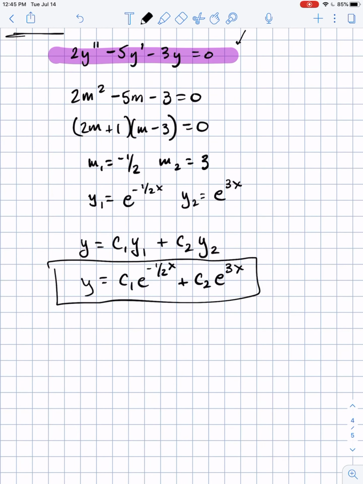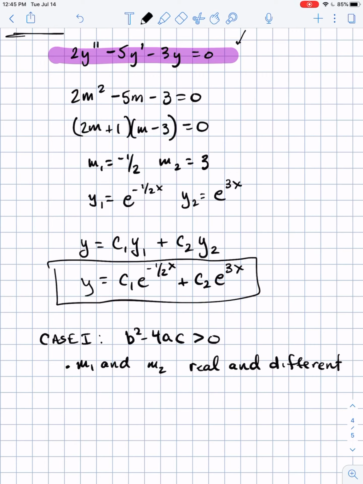If you did the quadratic formula, you could see that, let's say case 1, b squared minus 4ac is greater than 0, right? If you notice your a, b, and c up there, that would be greater than 0. So m1 and m2 are real and different.